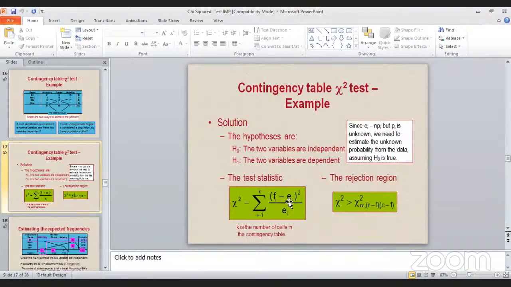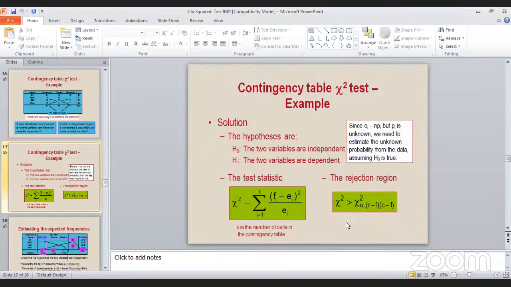You calculate the difference between these two, square that difference, and divide it by the expected frequency. Then you sum all these values. Finally, you get the calculated chi-square value.